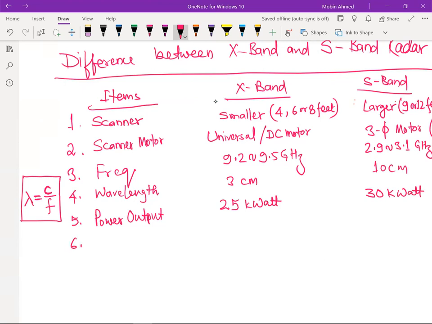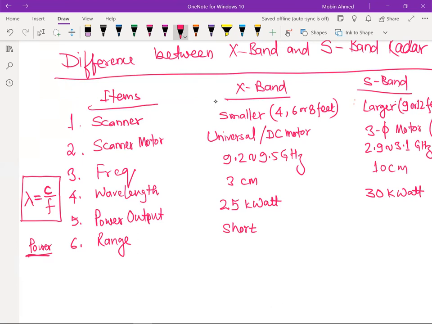Now sixth, that is the range. Range is going to be short, and this range depends upon the power, that is the transmitted power. Remember, if the transmitted power is less, range is going to be less.